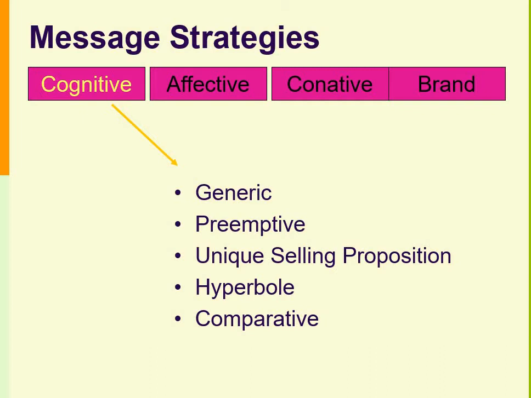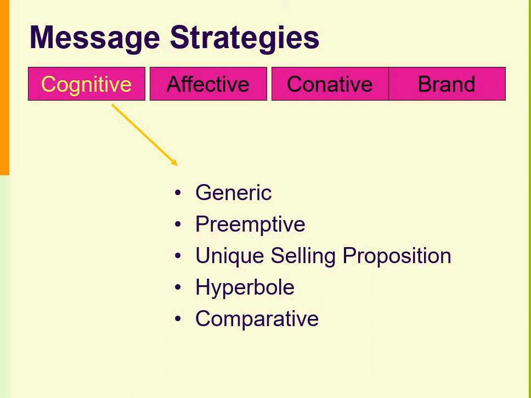So we start with the message strategies which have been classified as cognitive. Why are they termed cognitive? Because they provide straightaway rationale, facts, or arguments. In other words, they straightaway provide the benefits, attributes, and characteristics of the products or services we are going to advertise.